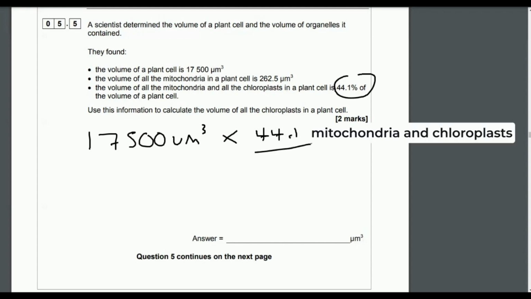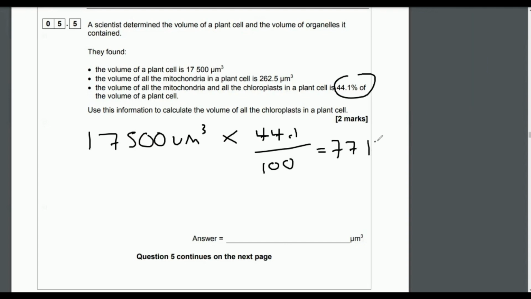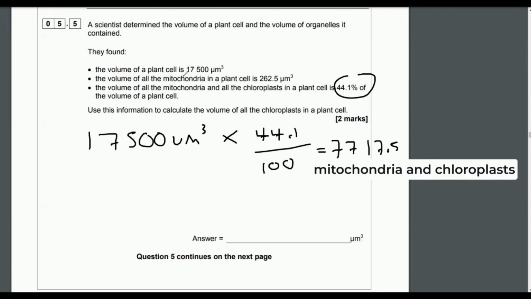So we do 44.1 over 100. You can just do 0.441, and that is going to get us the answer. Smash that in the calculator, and that is going to get us 7,717.5 micrometers cubed for all the chloroplasts and the mitochondria.